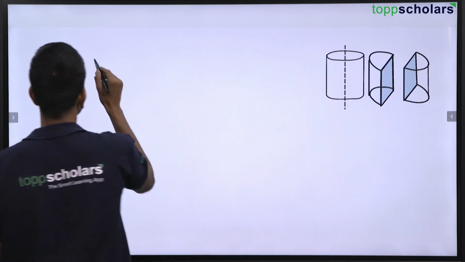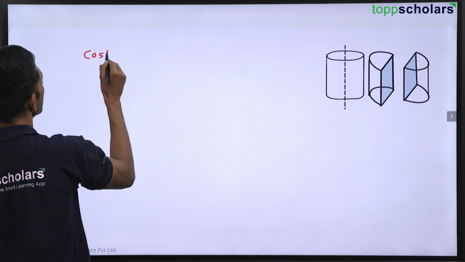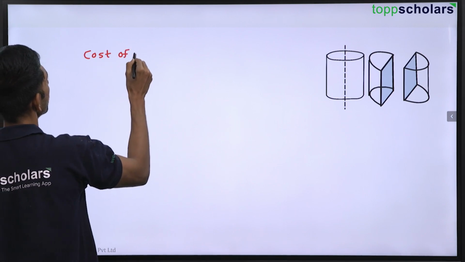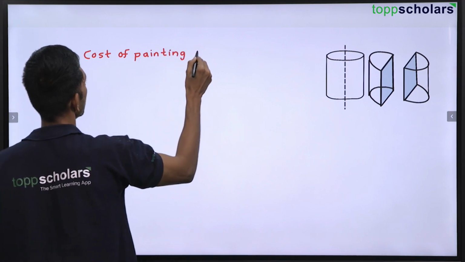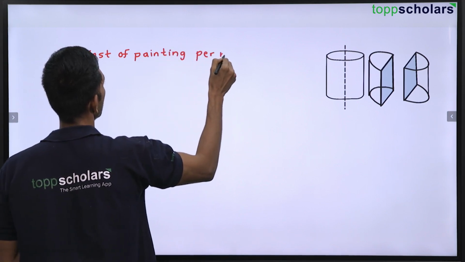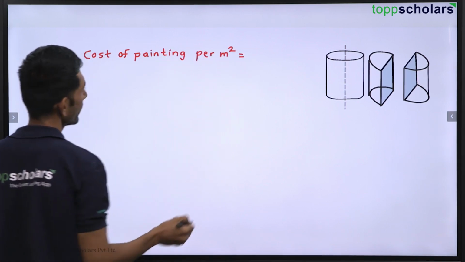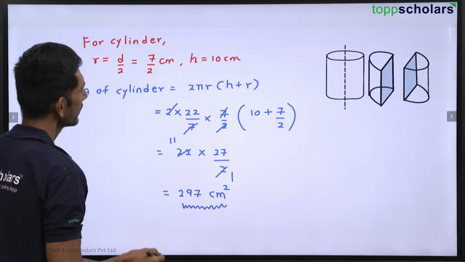So what is the cost given? The cost of painting per meter square is given, right? How much is that? 30 rupees.